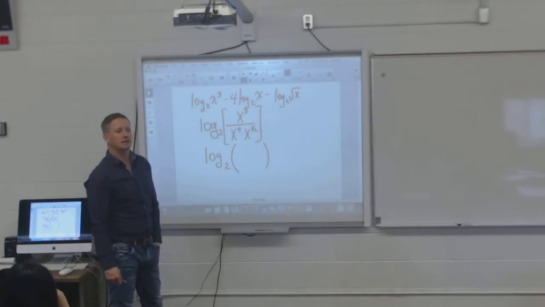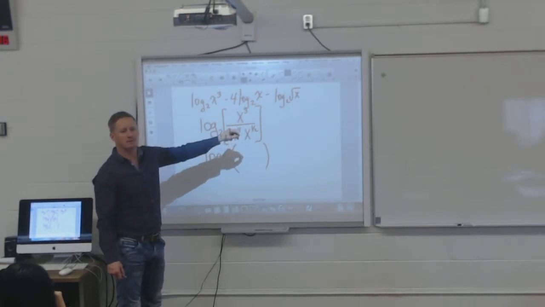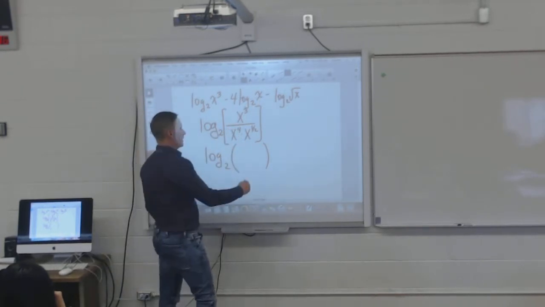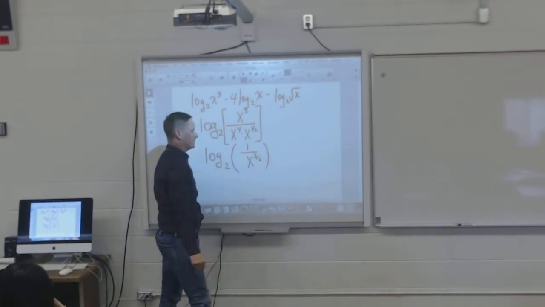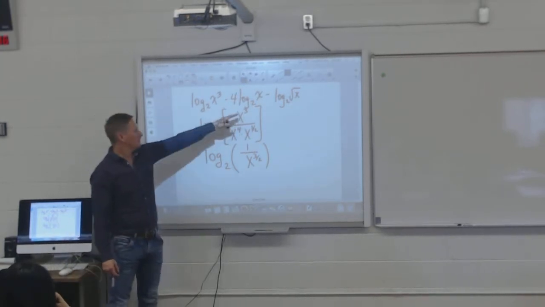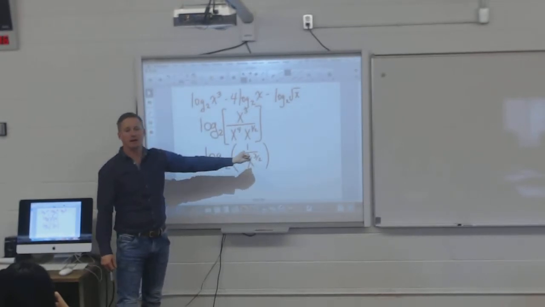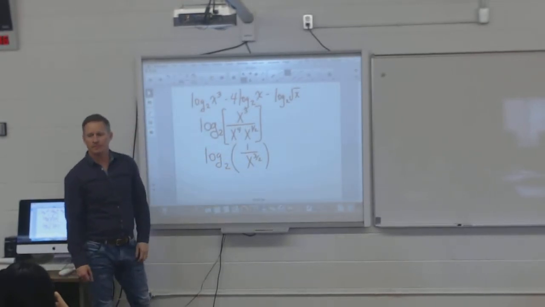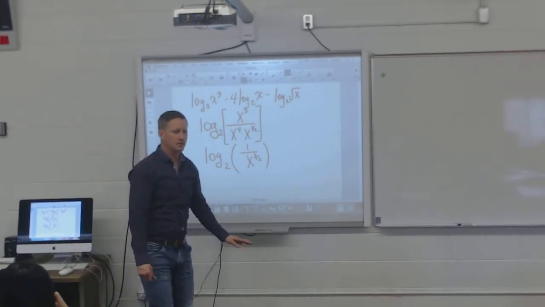What is it? 3 subtract 4.5 is negative 1.5 or negative 3 over 2, but if I put it on the bottom it stays as a positive. So there's your final answer right there. Okay? So 3 subtract 4 subtract 1/2 gives me negative 3 over 2, which I moved to the bottom. You following? Any concerns?